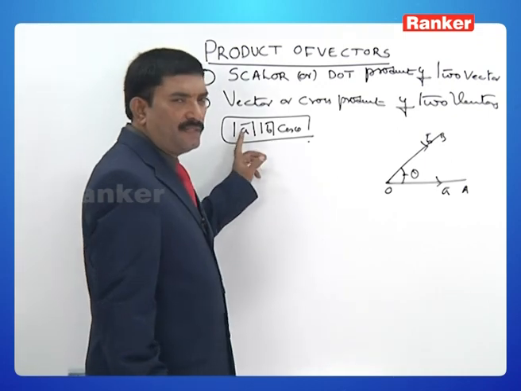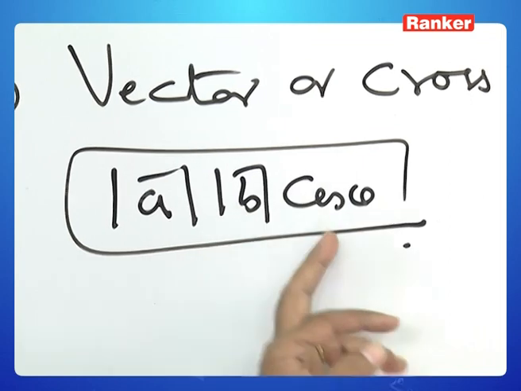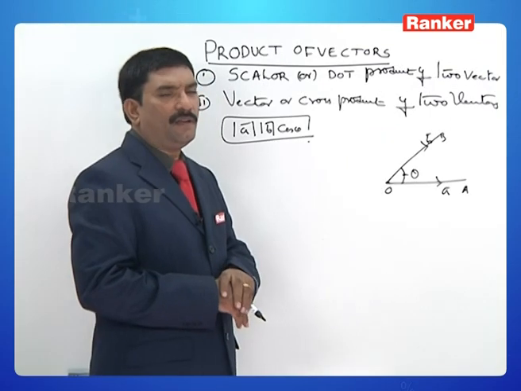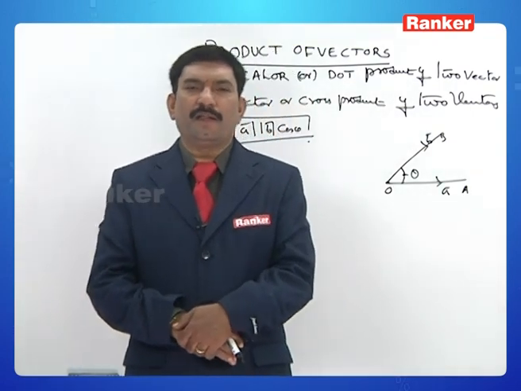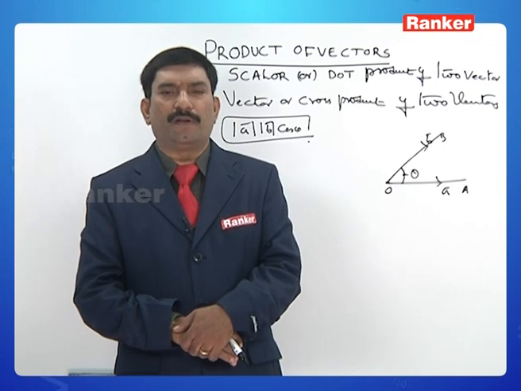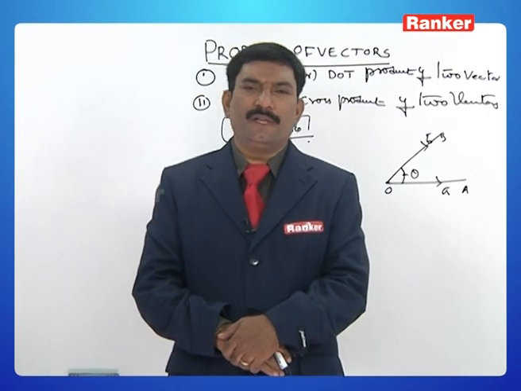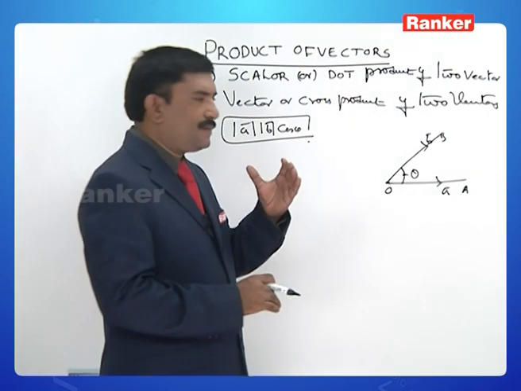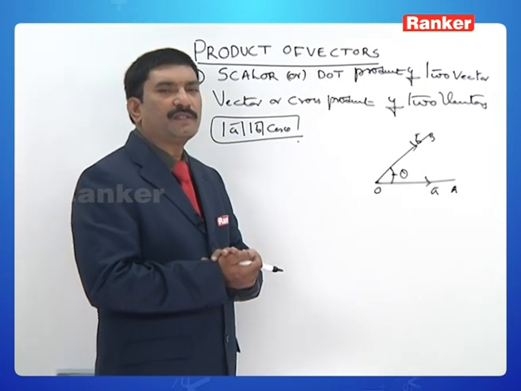Mod A is a scalar, mod B is also a scalar, and cos theta comes from the angle between the two vectors. It's a convention we made. If you measure the angle between A bar and B bar as theta, in terms of the cosine function, then this product we call the dot product or scalar product.